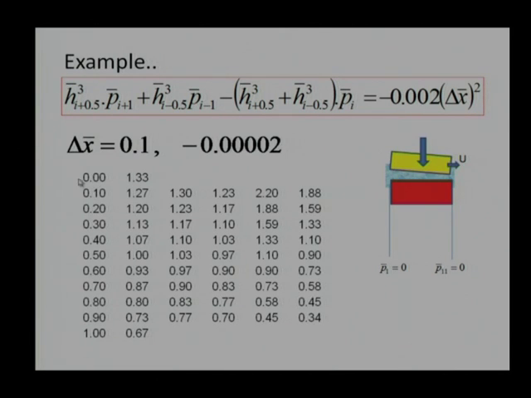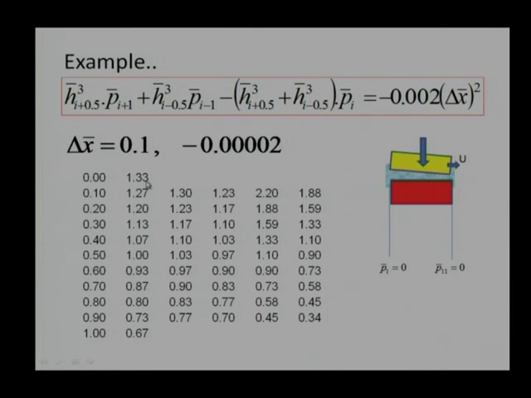These are the values for x bar. At the initial node, number 1, x bar is 0, node number 2 is 0.1, node number 3 is 0.2, node number 4 is 0.3, and node number 11 will be 1.0.